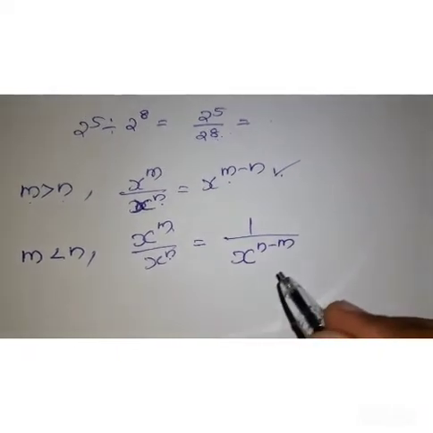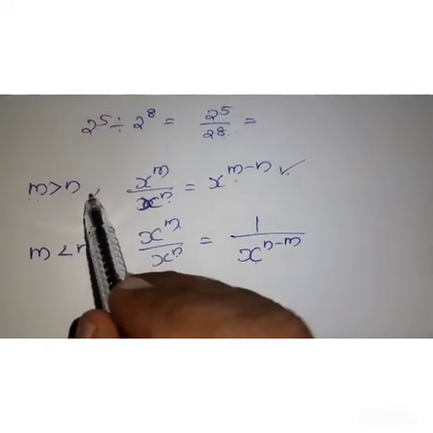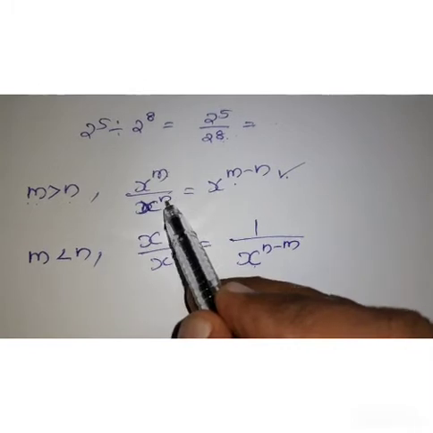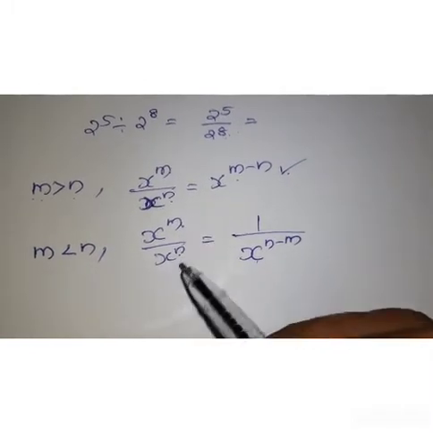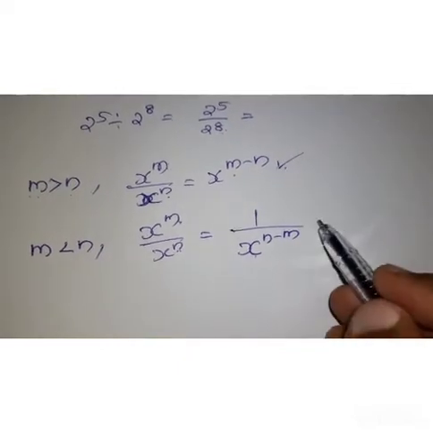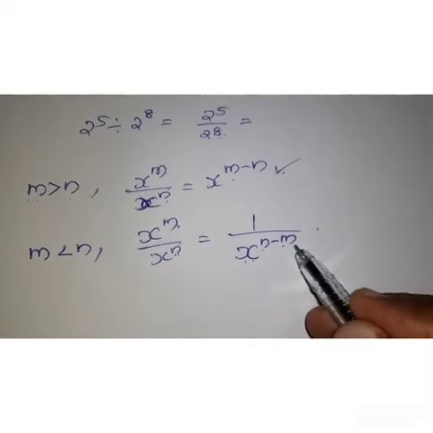Take the reciprocal. If the upper number is higher and the lower number is smaller, we can use the first equation. If the upper number is the smaller one and the lower number is the higher one, you cannot use it. So use the second equation: 1 by x raised to n minus m.